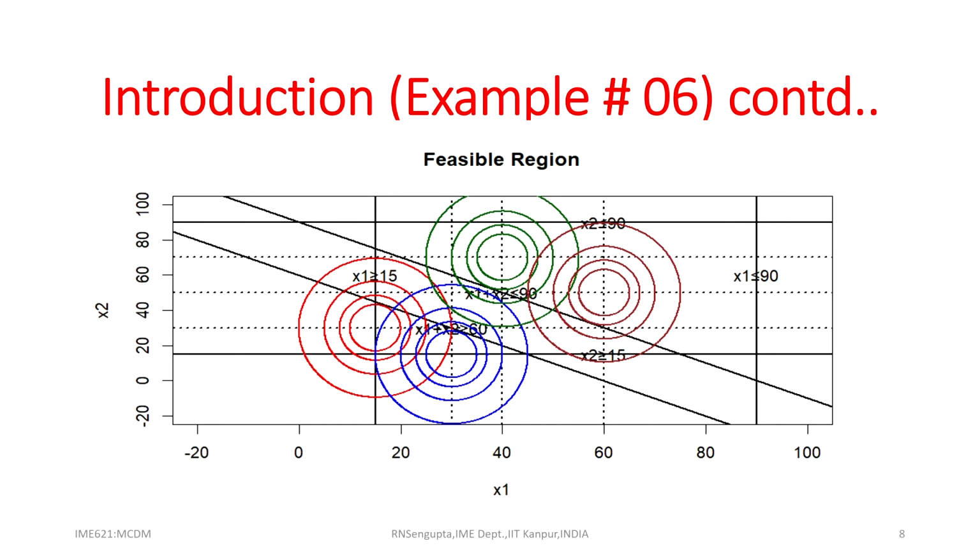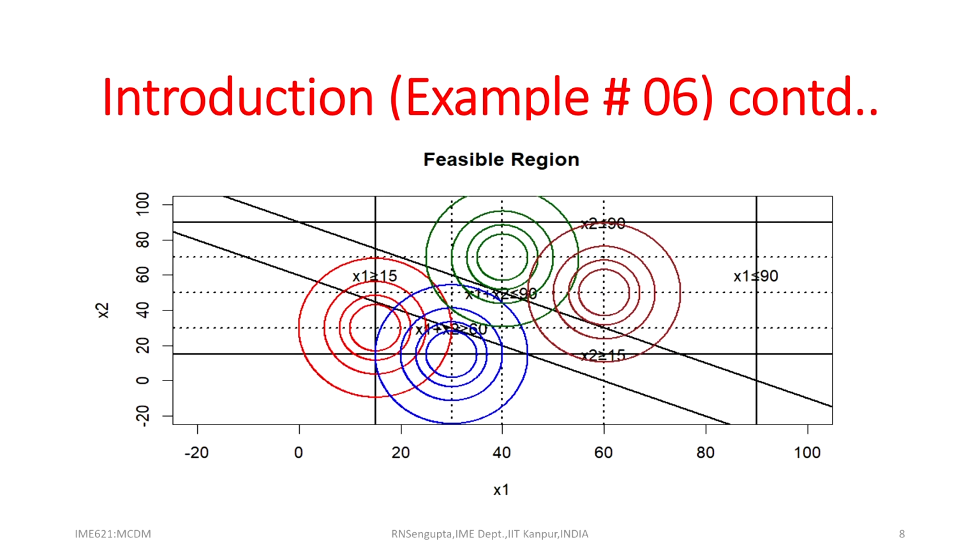Now, let us spend some time on the overall diagram. Without going into the circles which are drawn, first let us consider the constraints as such. This is the Cartesian coordinate system, I am measuring x1 along the x direction, x2 along the y direction, and what are the constraints?